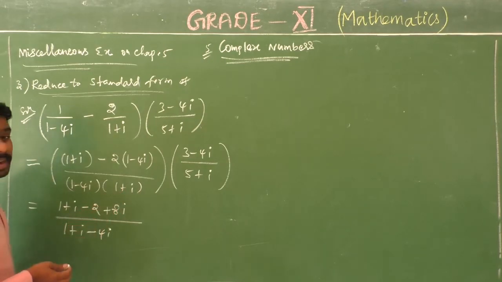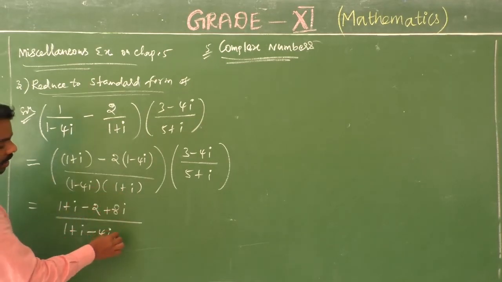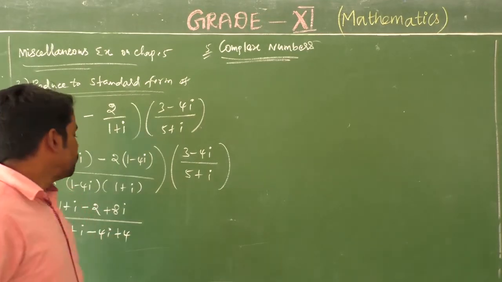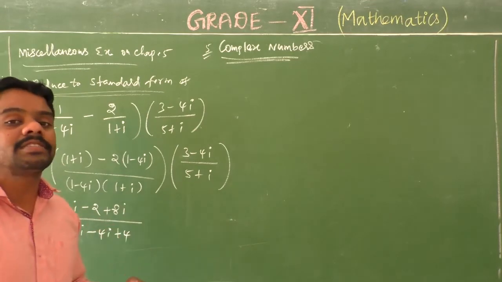You know i square value is minus 1, so minus 4i square is plus 4.